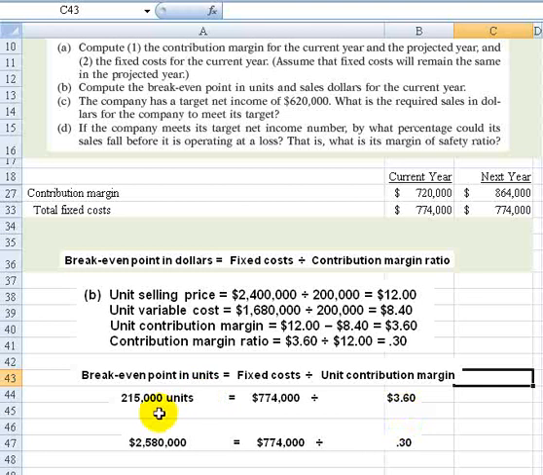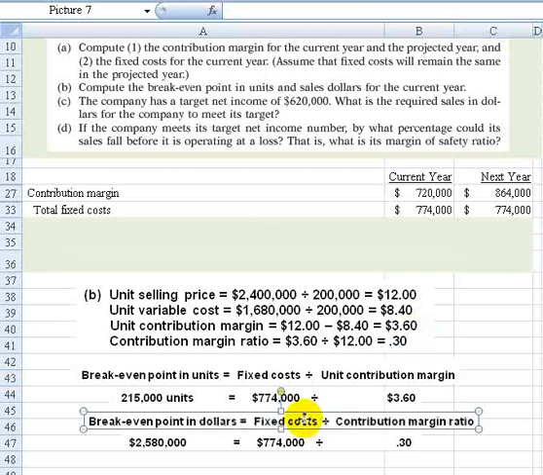Break-even point in units is 215,000 when we take 774,000 and divide it by the unit contribution margin that we just determined up above. Then, to determine break-even point in dollars, we take that fixed cost and divide it by the 30 cents, or 30% contribution margin. I would read that as a percent. And you come up with break-even point in dollars of 2,580,000.